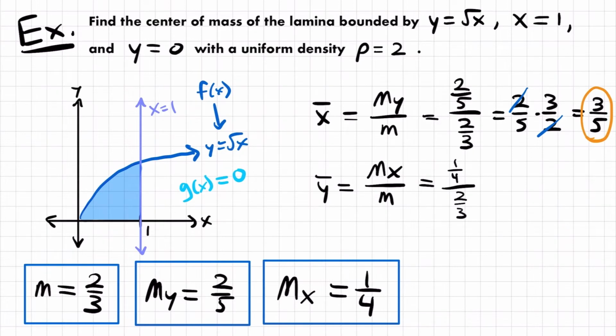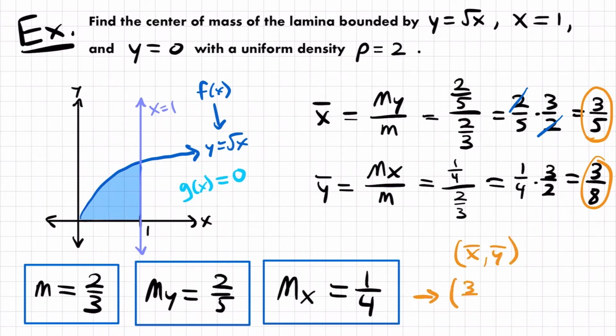And once again, we can multiply by the reciprocal of 2/3, and this will be equal to 1/4 times 3/2, which is equal to 3/8. And so 3/8 is the y-coordinate, which means that the center of mass, x bar, comma y bar, is equal to 3/5, comma 3/8. That is the center of mass for the lamina in this example problem.